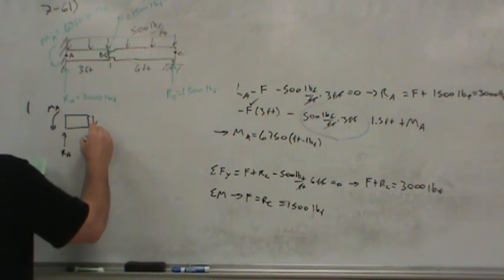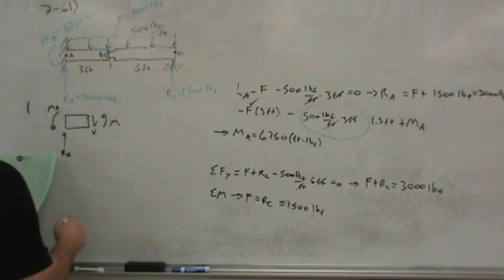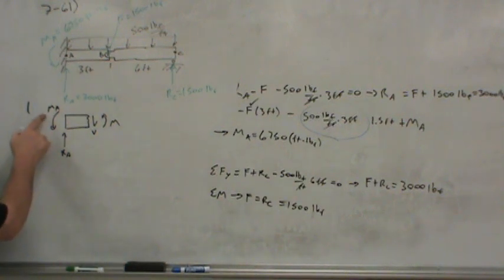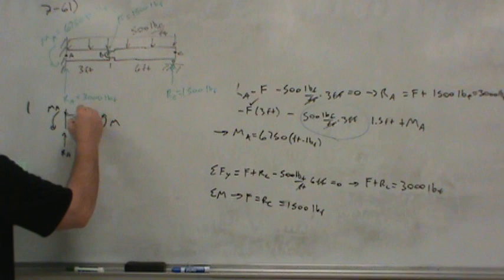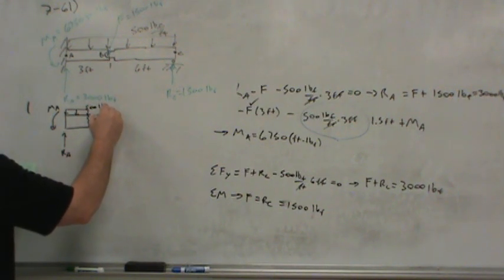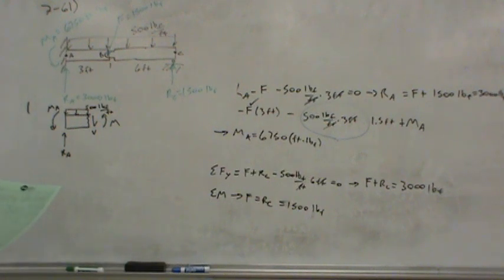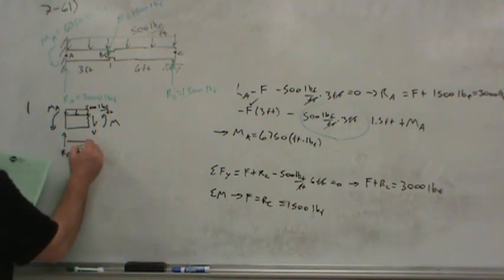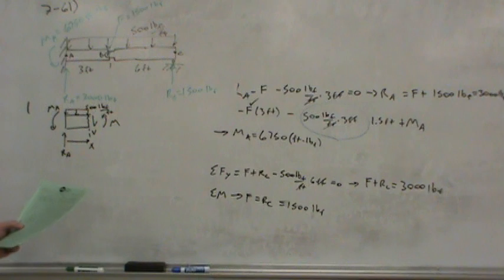We've got some shear V we'd like to know the magnitude of, and some moment within the beam besides this external moment reaction applied by the wall. We've got the distributed load of 500 pounds per foot along the top of the beam, and we've cut the beam at some particular position x.